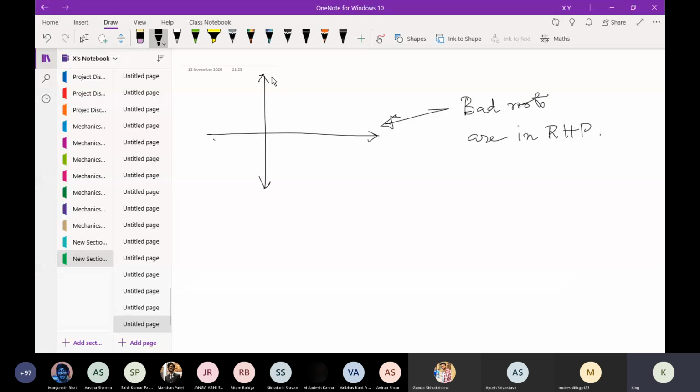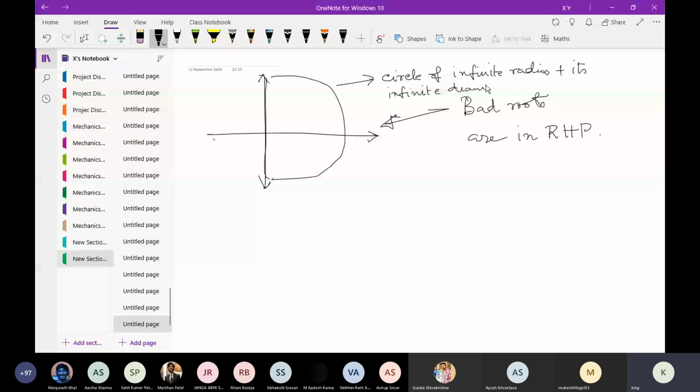So we simply have to choose, again, as we see, a circle of infinite radius plus its infinite diameter as our contour.